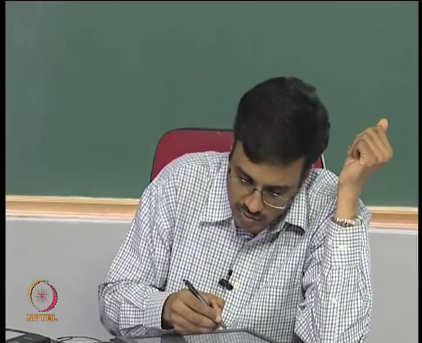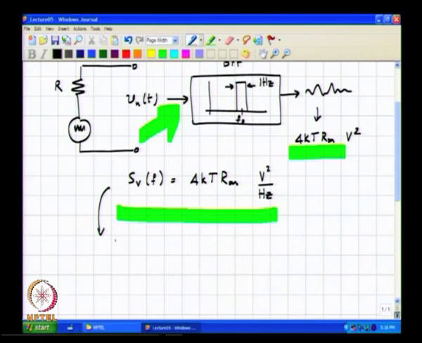Such a process is what is called a white process. So, this is white noise. The reason for calling it white is that it consists of all frequencies, just like white light, which consists of all frequencies.